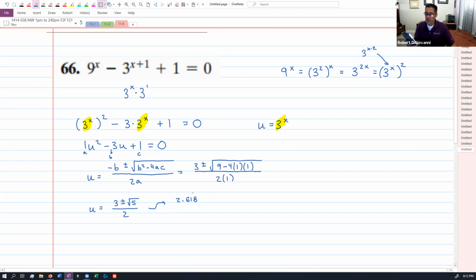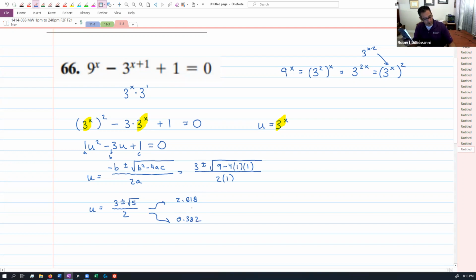Then I'm going to go 3 minus the square root of 5. Oh, wait a minute. Yeah, divided by 2. Okay, so now I do 3 minus the square root of 5. Take that, divide by 2. And we should get another answer here of 0.382.